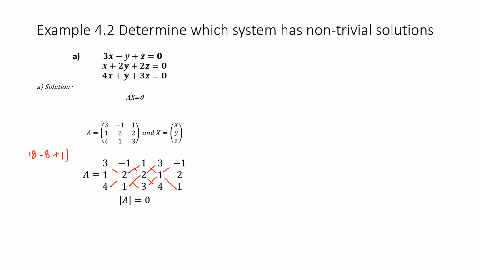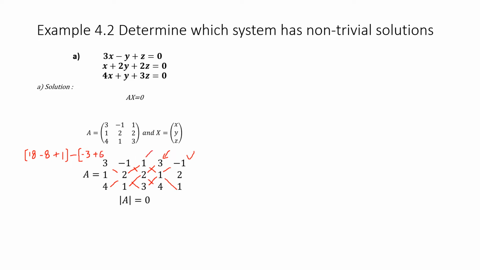Then we put a square bracket and minus. Now we start from this diagonal, right to the left bottom, so minus 3 is coming. Now this diagonal, 3, 2, 1, is 6, and this is plus 6.